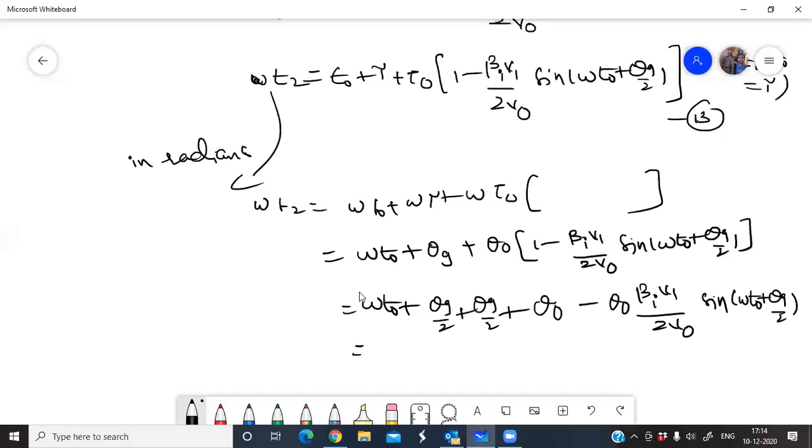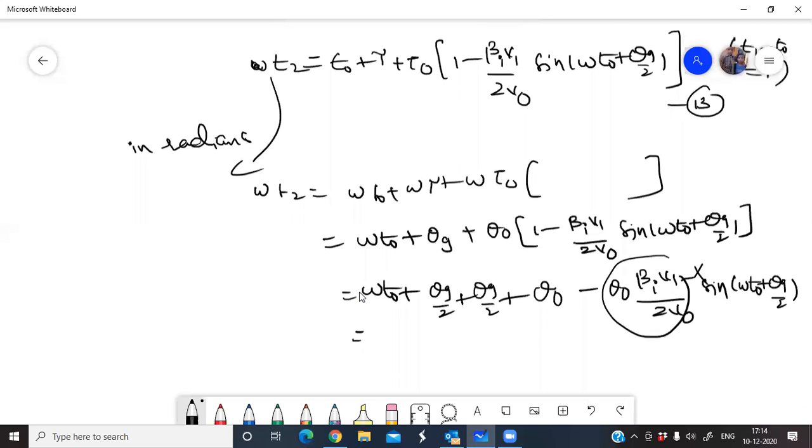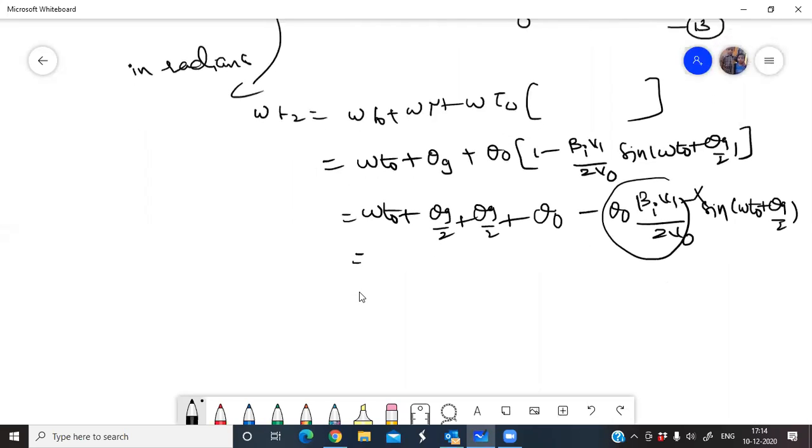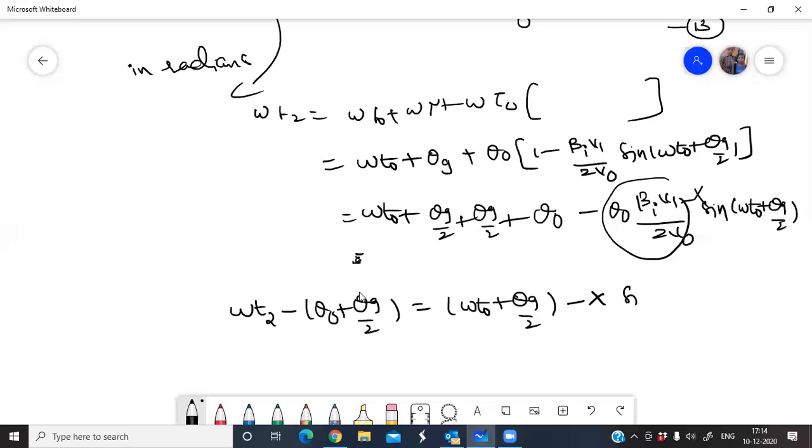Theta naught into beta I V1 by 2 V naught is nothing but x. Now I directly write the equation, because it will take so much time. By solving this we get: omega T2 minus theta naught plus theta z by 2 is equal to omega T naught plus theta z by 2 minus x into sine omega T naught plus theta z by 2. So this is equation number 14.